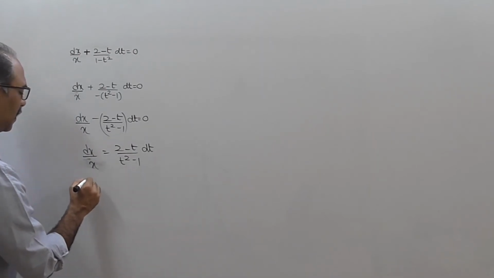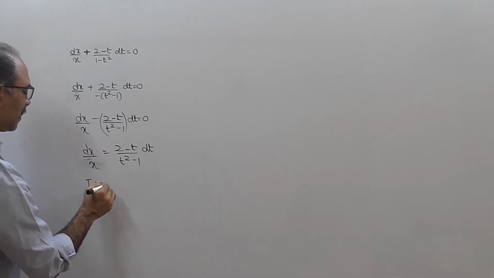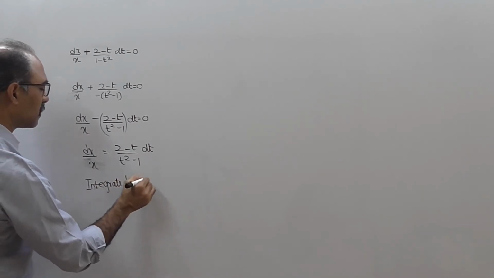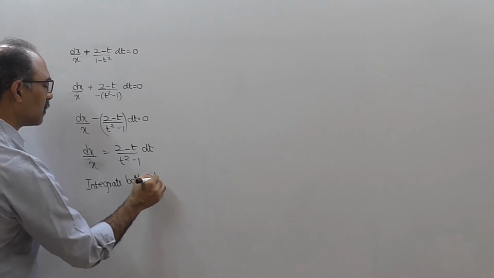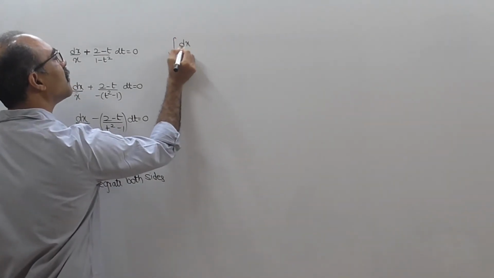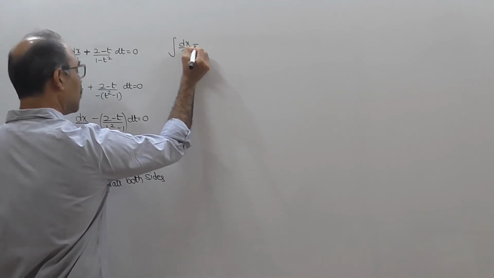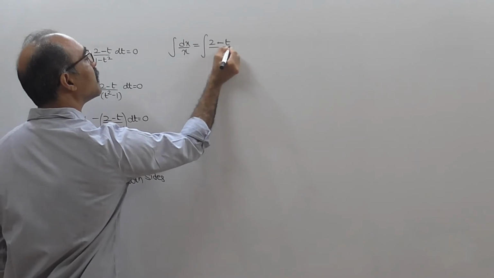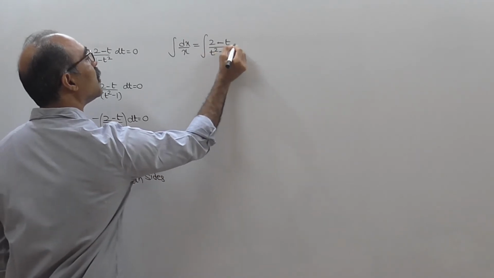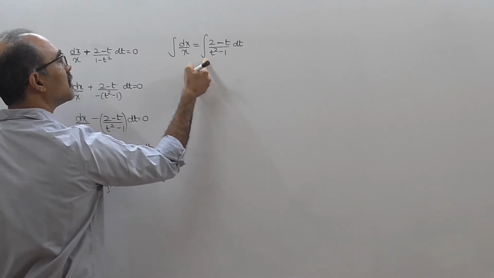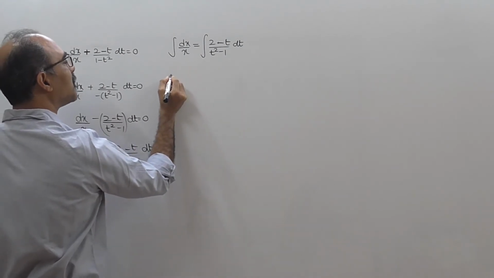Now once you have done it, you can integrate both sides. If you integrate both sides, you get integration dx upon x equal to integration 2 minus t upon t square minus 1 dt. So this has to be done by using the concept of partial fraction.